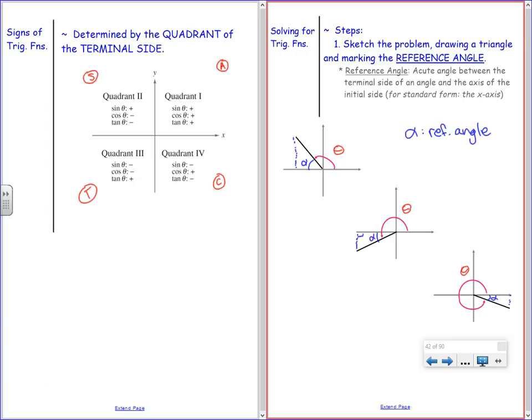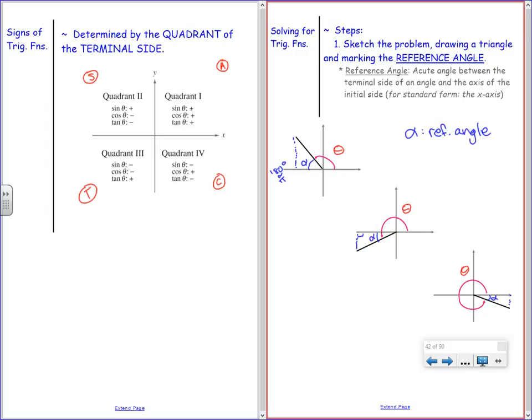But remember, if we're having to find the reference angle, we have to remember that. Let me change it back to blue. This place right here is either 180 degrees or pi. So we might have to do, if this is in degrees, 180 minus theta to get that alpha. Or if it's in radians, pi minus theta to get alpha.